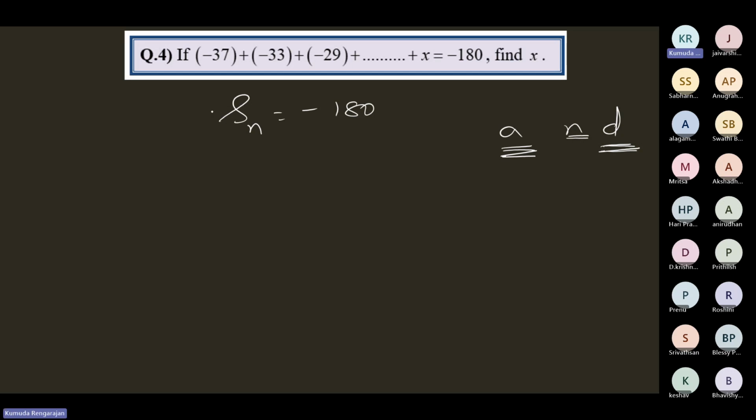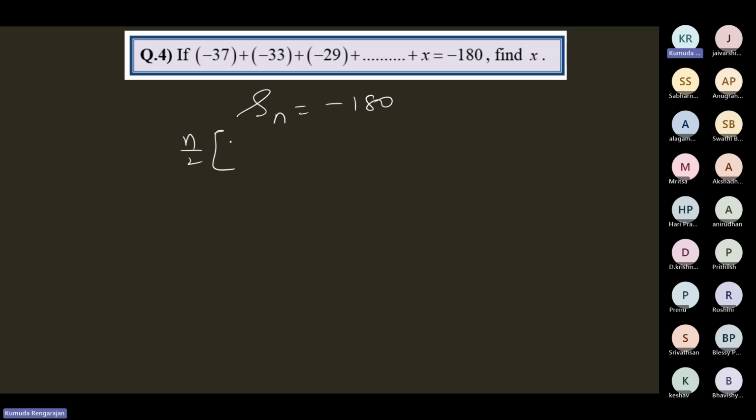The sum of all these terms is equal to minus 180. You should write this first. But how many terms? We don't know. So Sn, the sum to n terms, is equal to minus 180. So n by 2 of 2a, 2 into minus 37, plus n minus 1 into d.